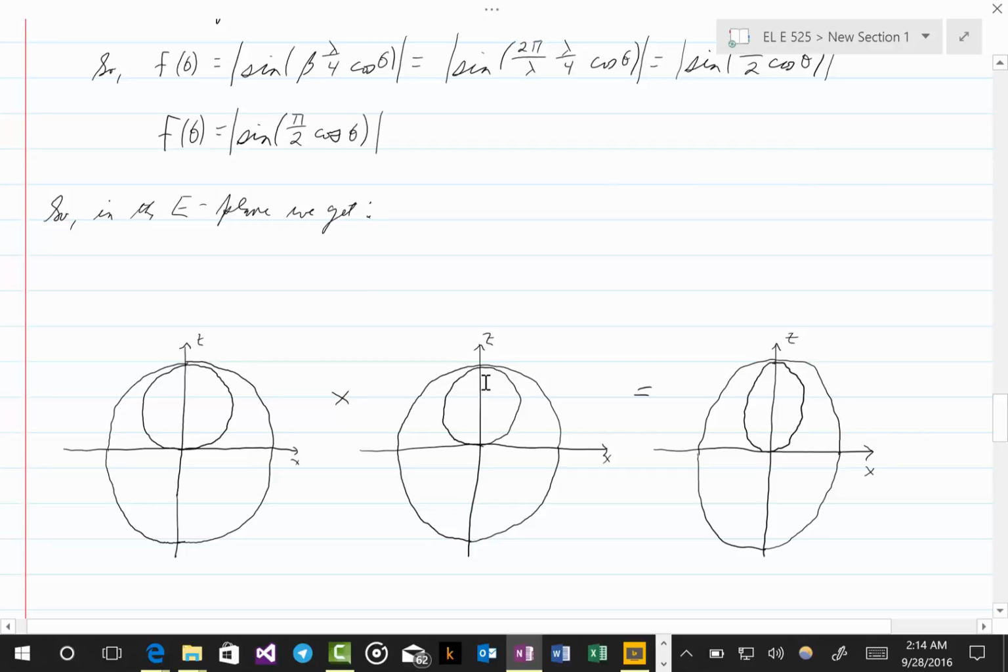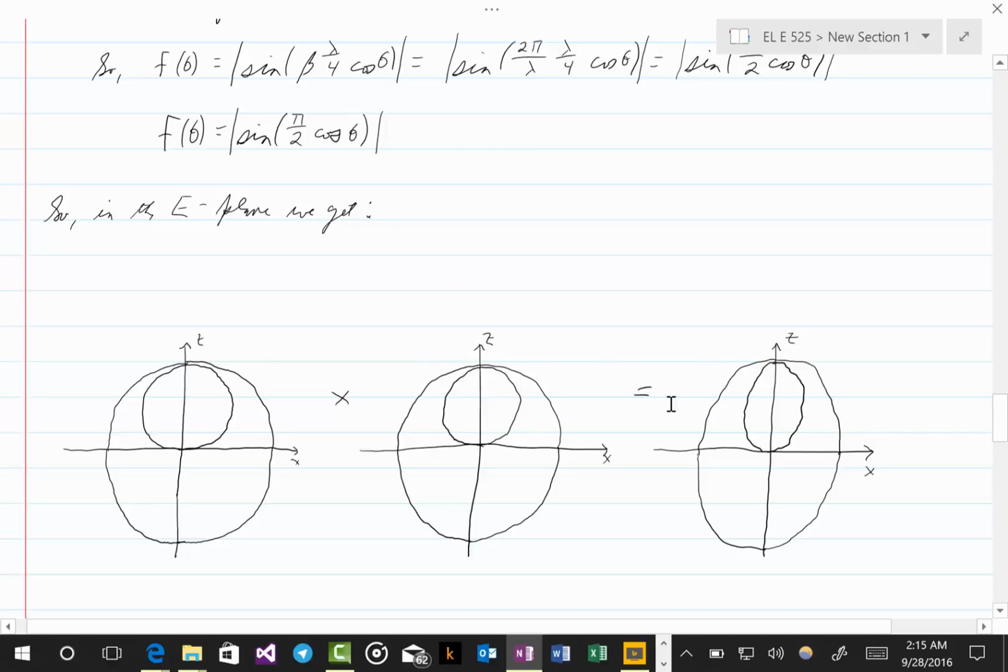When we start off at theta equals 0, cosine of 0 is 1, 1 times pi over 2 is pi over 2, and sine of pi over 2 is 1. So at theta equals 0, we have 1. But when we get to pi over 2, cosine of pi over 2 is 0, 0 times pi over 2 is 0, and sine of 0 is 0. So we get this.